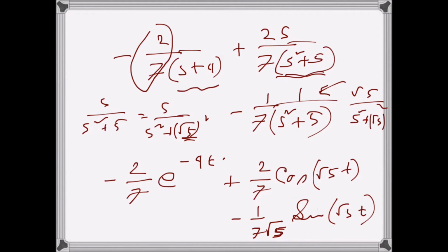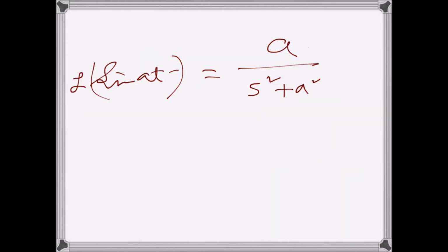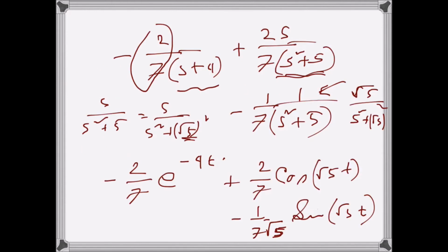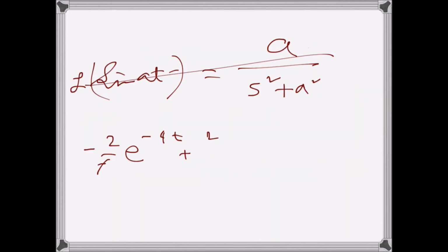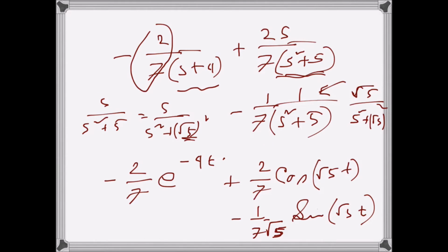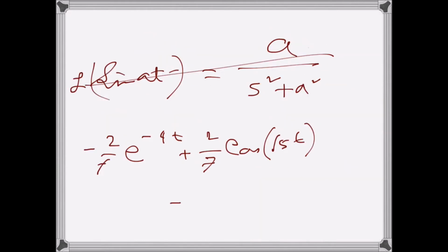I should have probably rearranged it and written one more line, but I have just written directly. So yeah, I won't leave it here. What I will do, just forget that, minus 2 over 7 e to the power minus 4t, then plus 2 over 7 cosine square root of 5t, and then this one is again minus square root of 5.